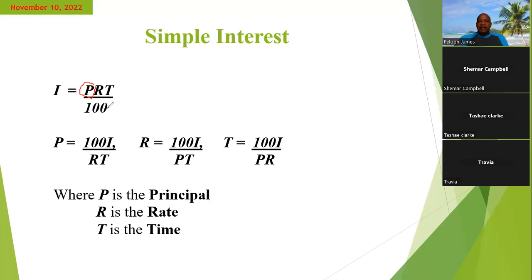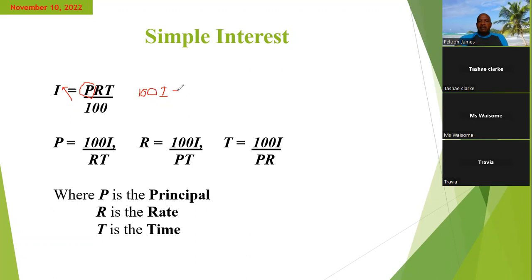So if it is dividing on the right, if we move it to the left, what should we do? Multiply. So here we would now move this 100 to the left, and so we're going to multiply by I. So here we're going to have I times 100, which will give us 100I.